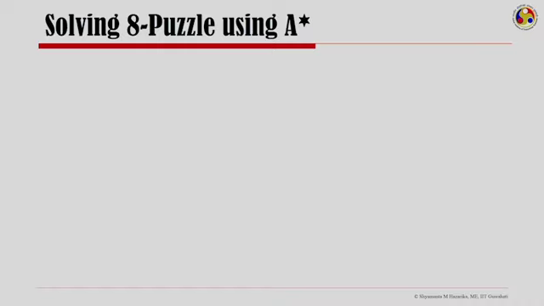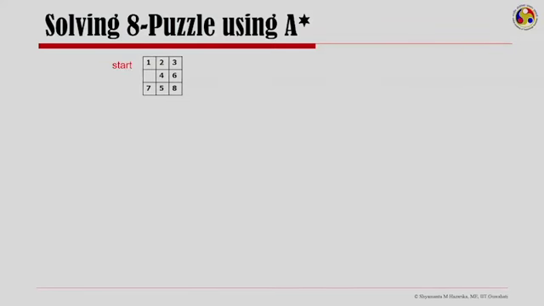Let's try to understand this by solving our favorite 8 puzzle using the A star algorithm. Here is a start state and here is the end state that I want to reach. Now just to remind you of the 8 puzzle game that we want to solve here, we want a path from the start to the goal.